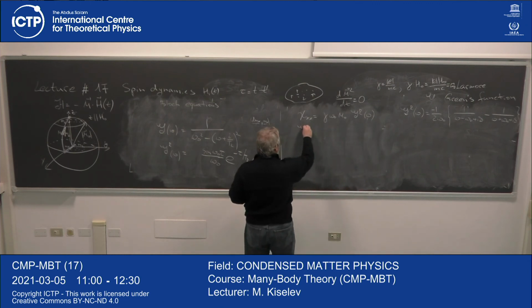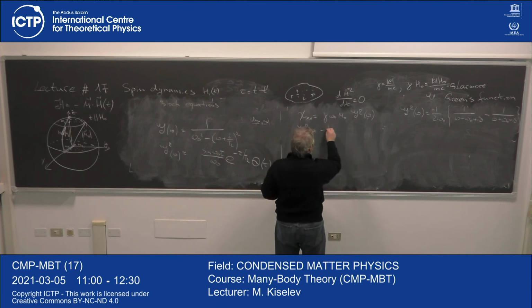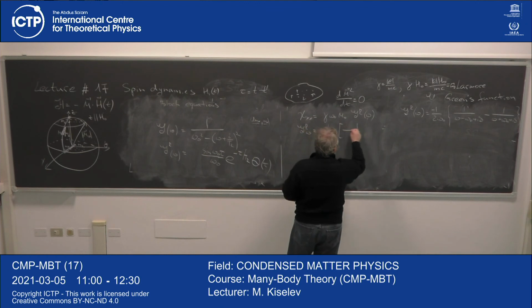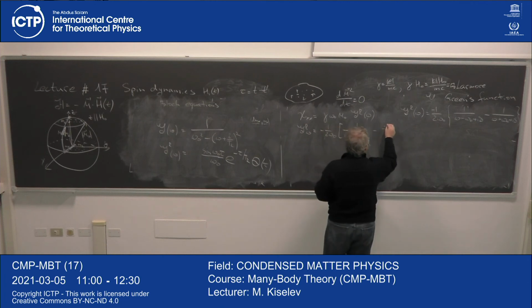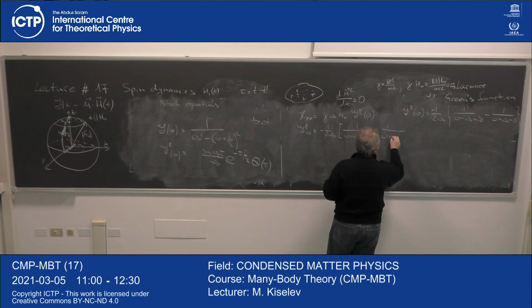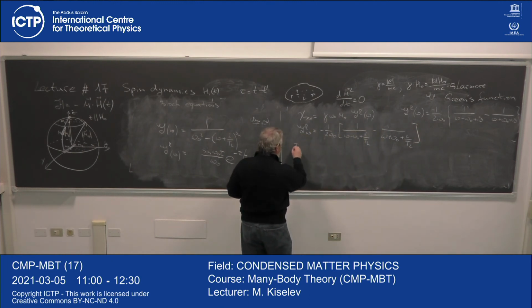And G_R(omega) is equal to minus 1/(2 omega naught) times [1/(omega minus omega naught plus i over T2) minus 1/(omega plus omega naught plus i over T2)]. So first of all, the imaginary part of the Green function.